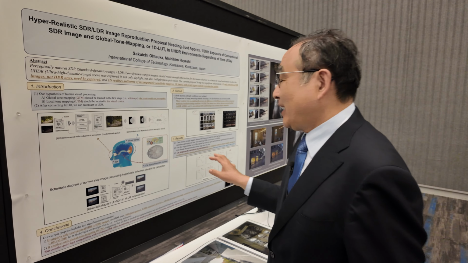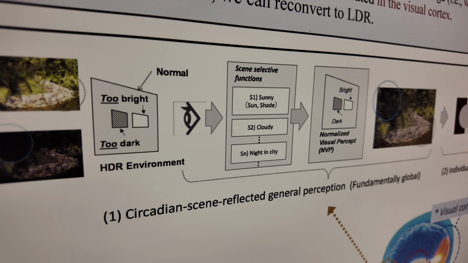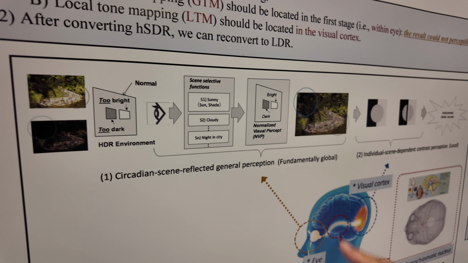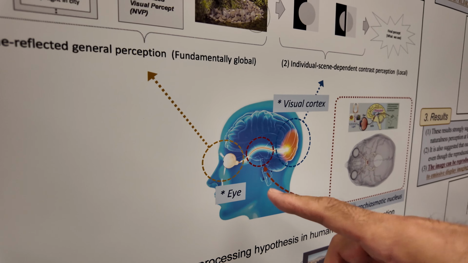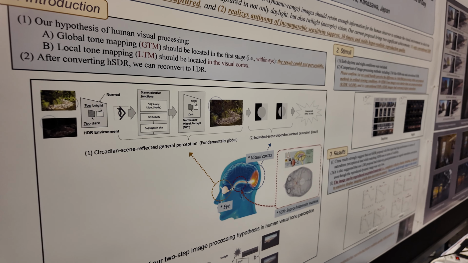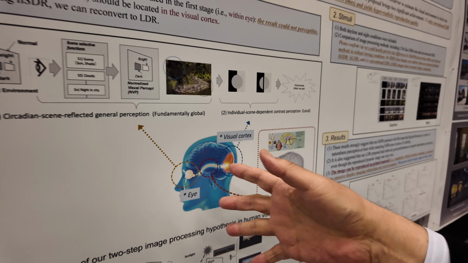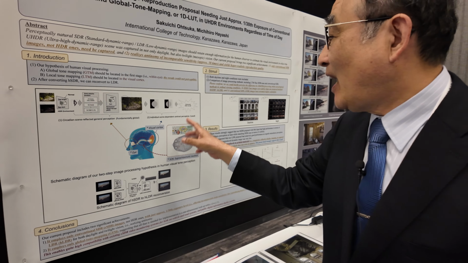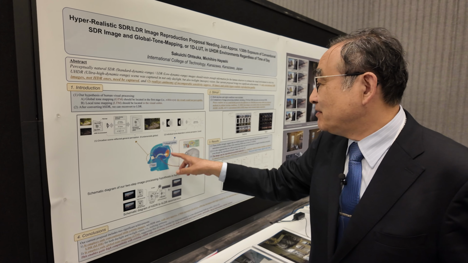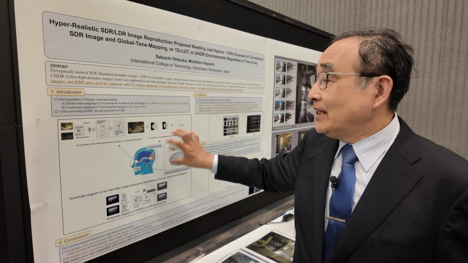In this case, we think in two steps. First, in the early stage, maybe our visual brain uses only global tone mapping. And then after that, the signal is transferred to the visual cortex.